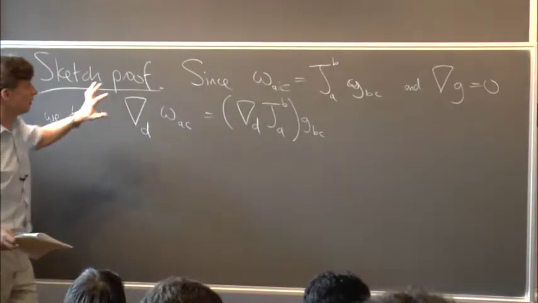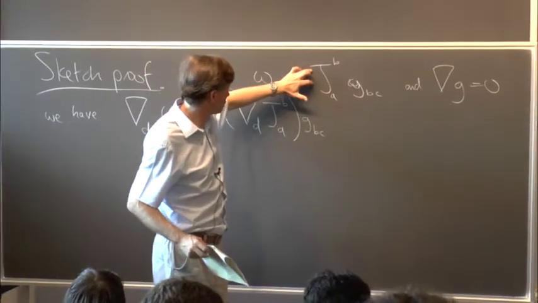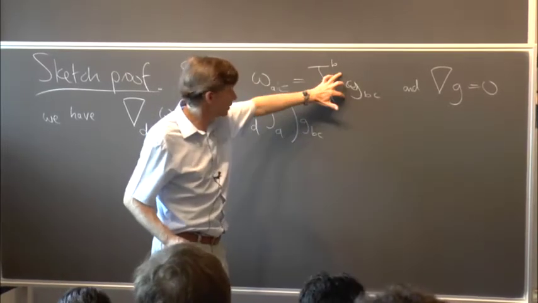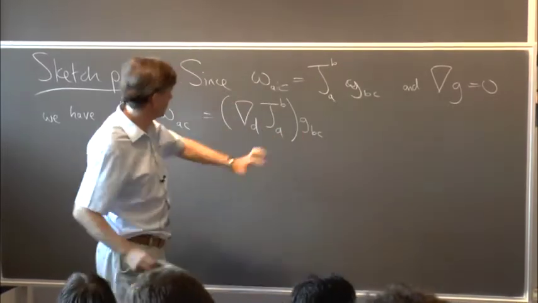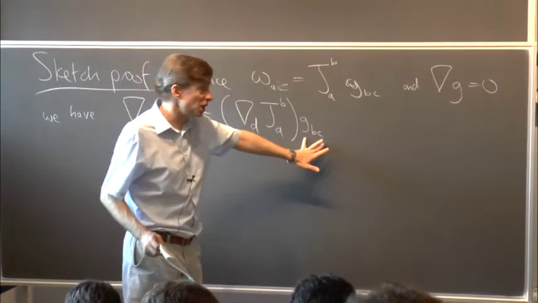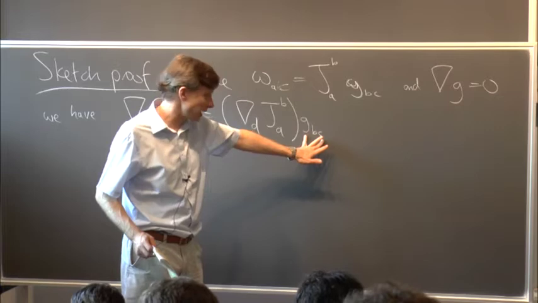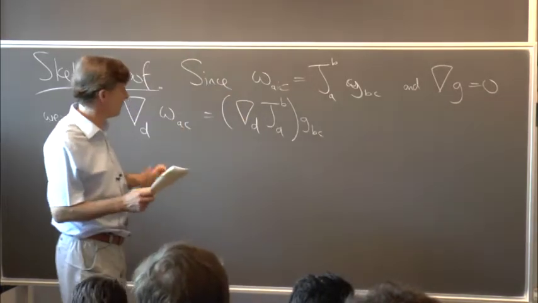Ordinarily, when you differentiate a product, you use the product rule, so you get derivative of J times g plus J times derivative of g, but the derivative of g is 0. And this operation with g, using g to lower an index, is invertible.